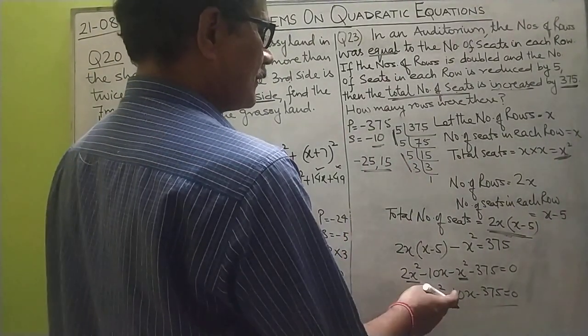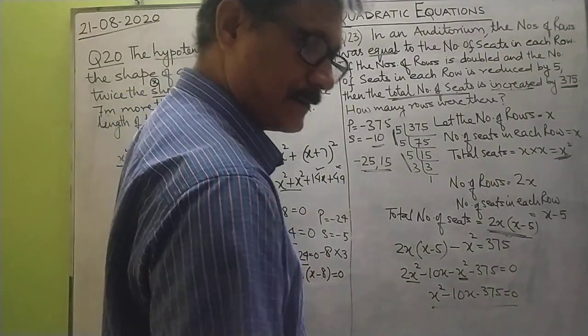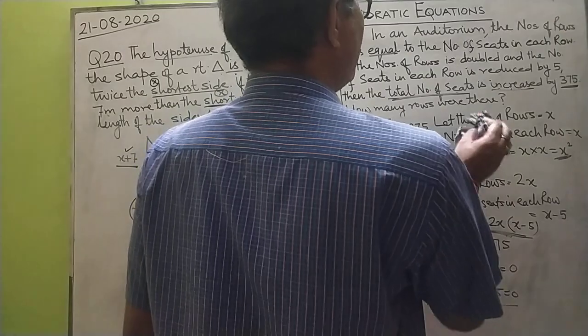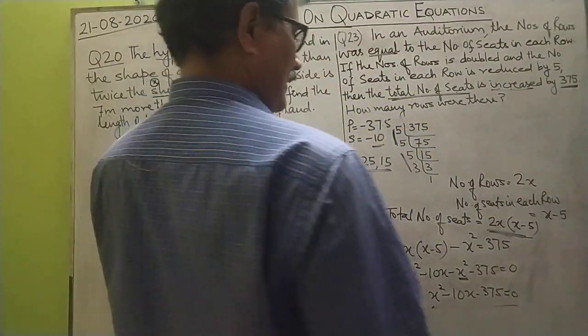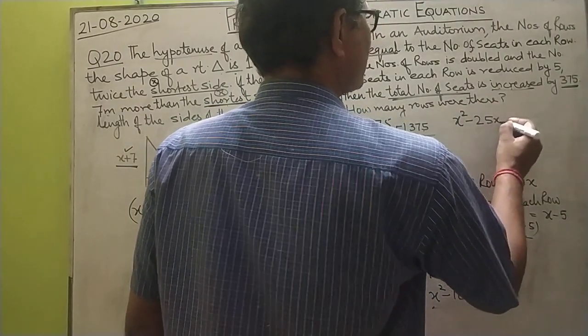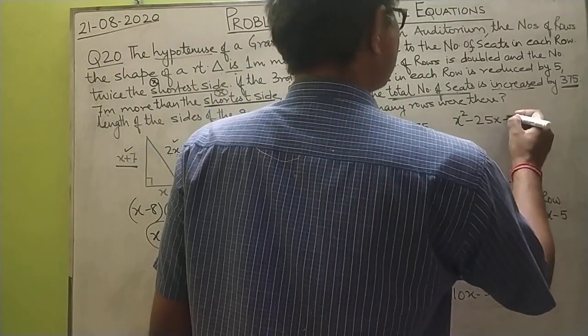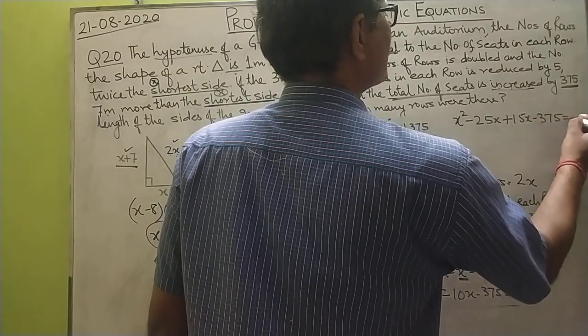So I substitute these values here and simplify the equation. Now when I substitute the values and simplify the equation, what do I get? I will get x square minus 25x plus 15x minus 375 is equal to 0.